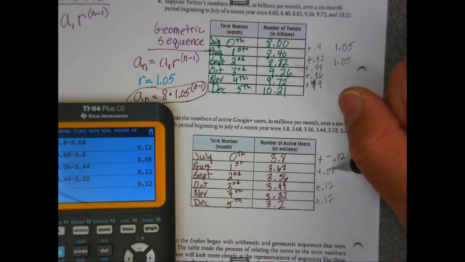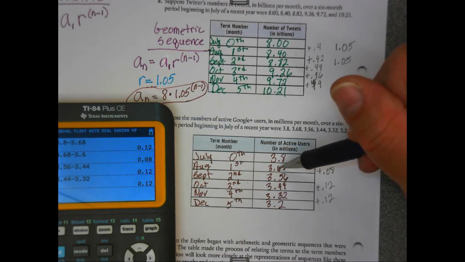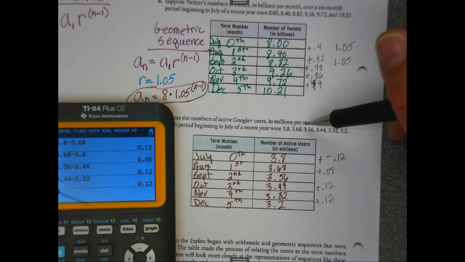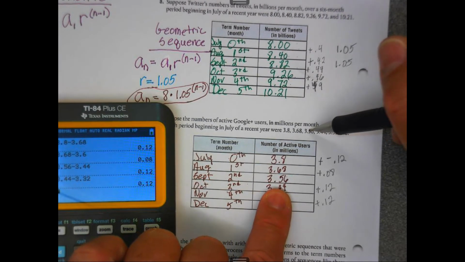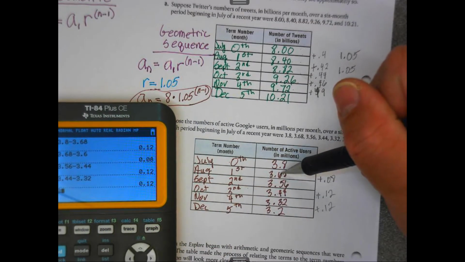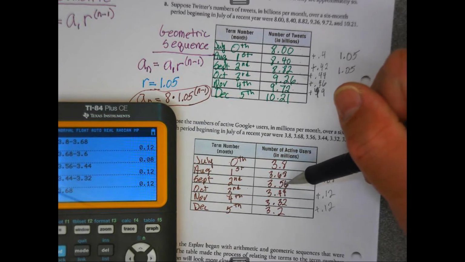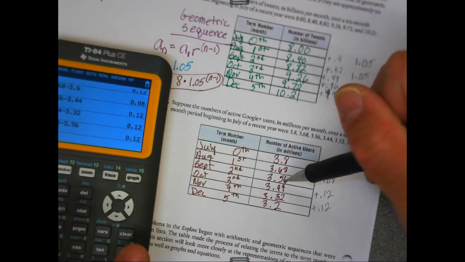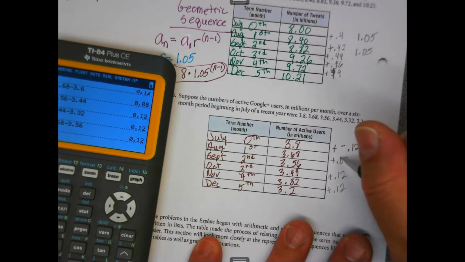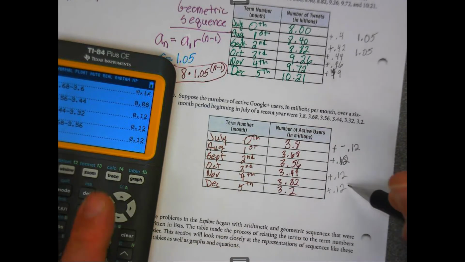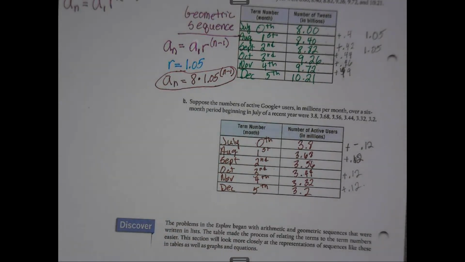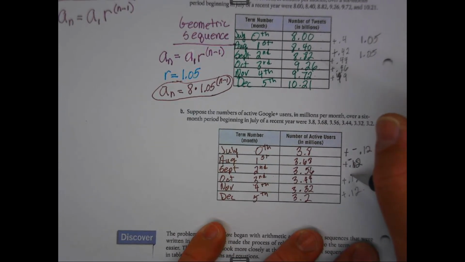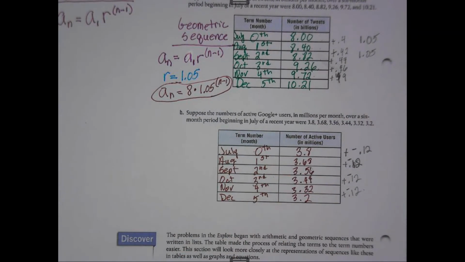I'm going to go back and check this one. 3.68 minus 3.56 is 0.12. So this is an arithmetic sequence because every change is the same, actually a negative. So we're adding a negative 0.12.